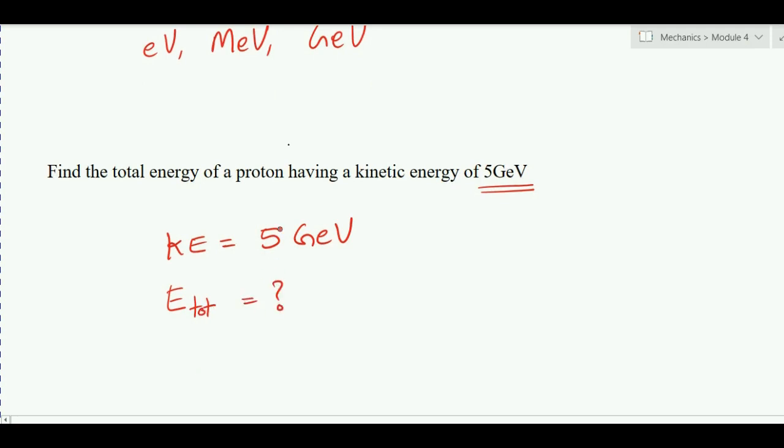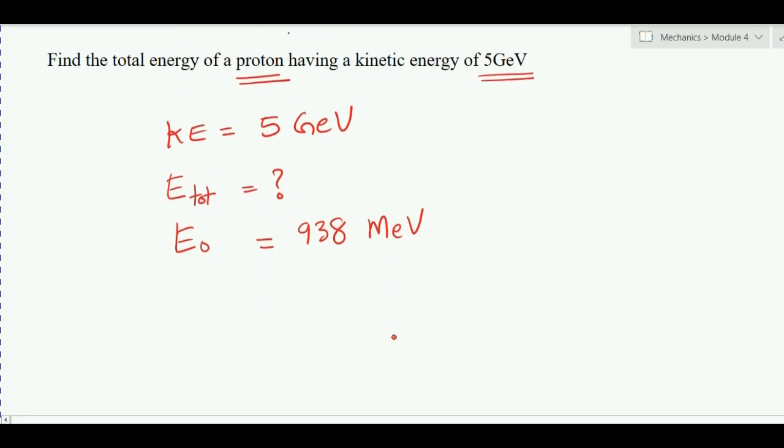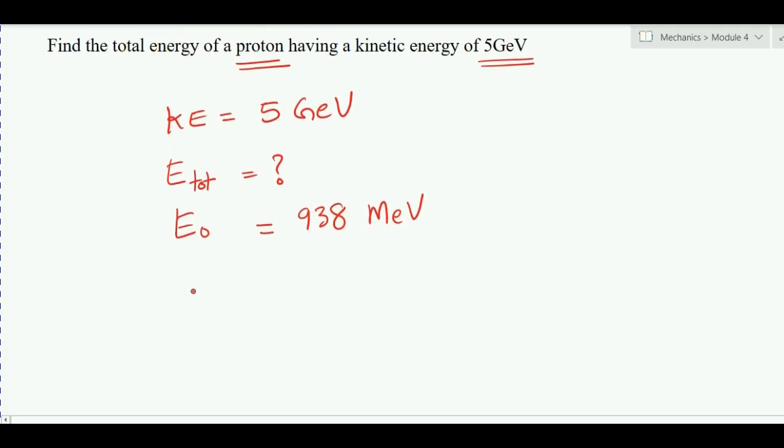We have a proton in hand, so we know the rest energy. Rest energy is 938 mega electron volt. The total energy is rest energy plus kinetic energy.